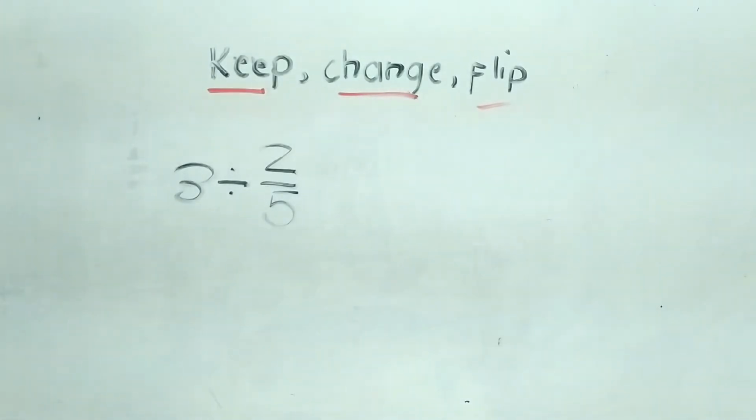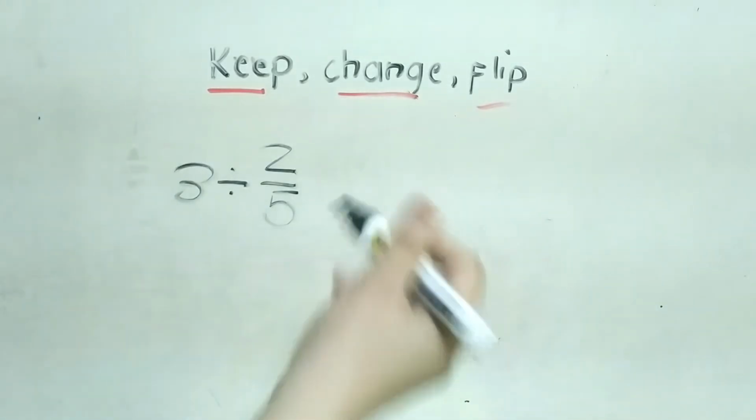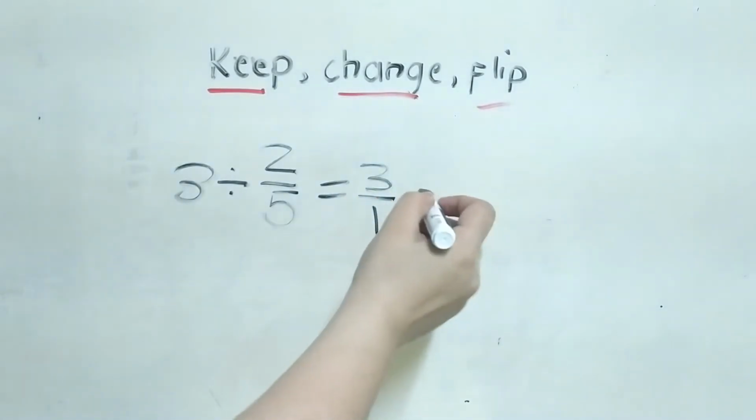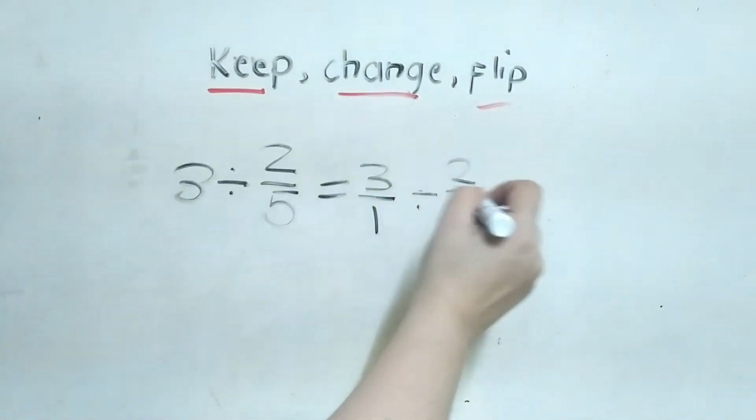So, kapag ang whole number, imumultiply o di-divide natin sa isa pang fraction, automatically, ang kanyang denominator ay 1. And then, copy lang natin ang fraction.